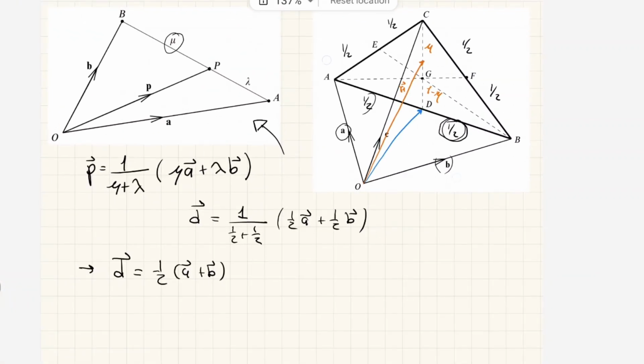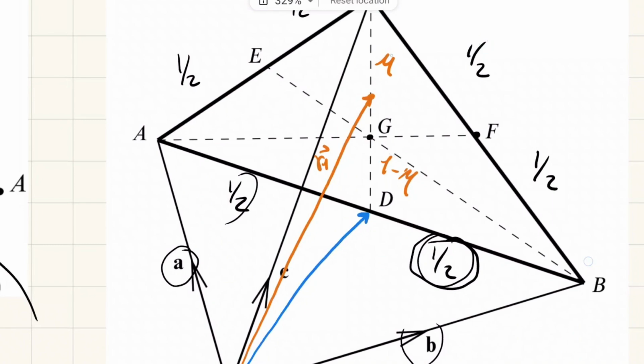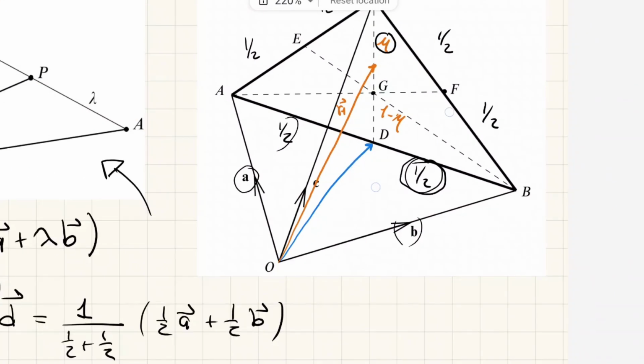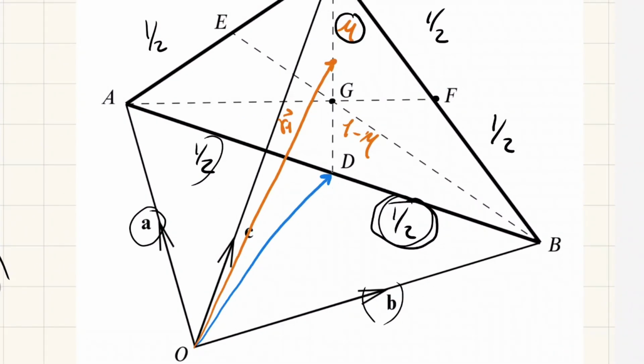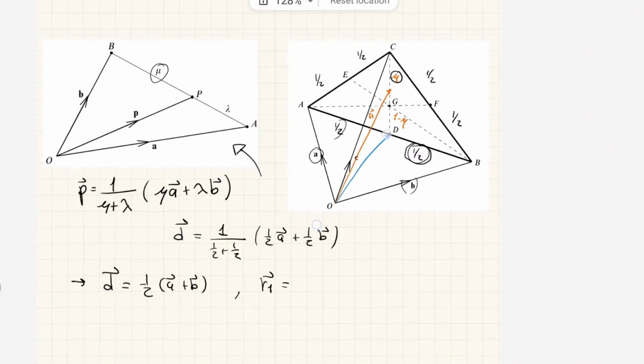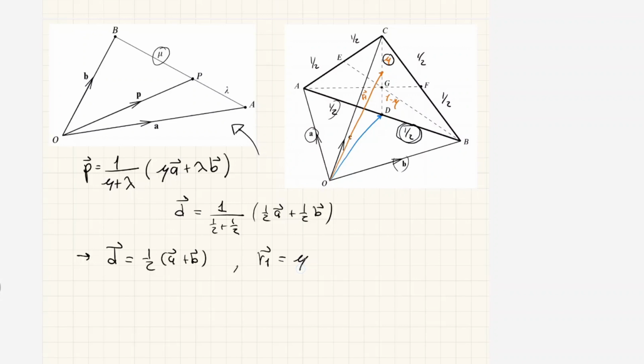So again, if we use the ratio theorem to define R1, we will have that this mu multiplies the vector that is defining the point on the other side, which is D, right? So it will be mu times D, and then plus 1 minus mu times C, right?